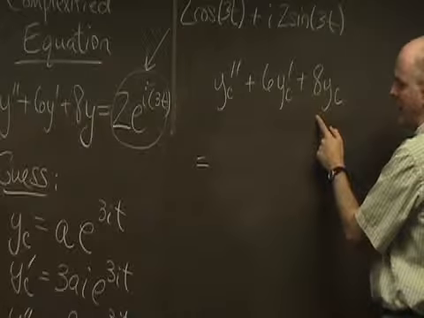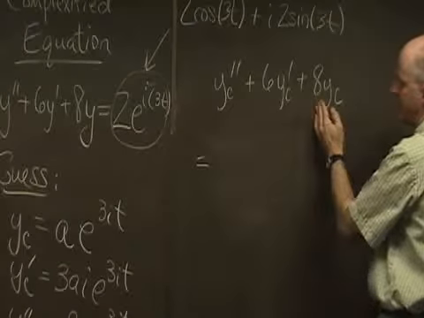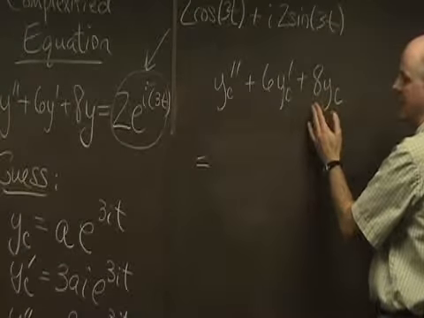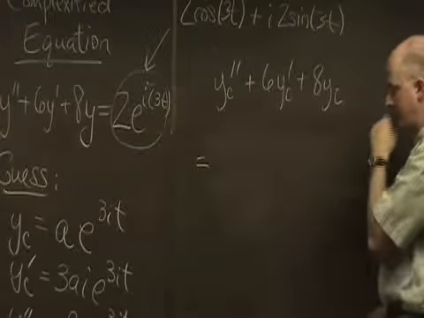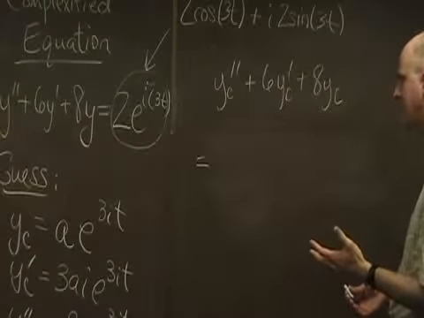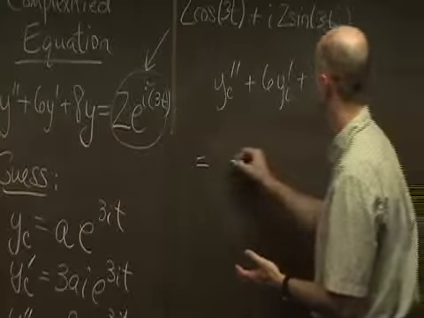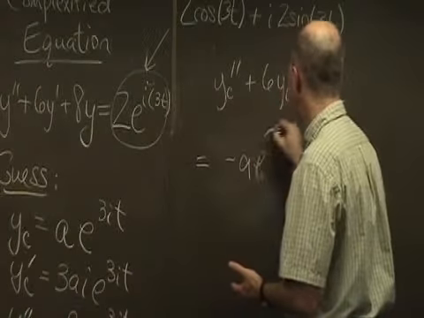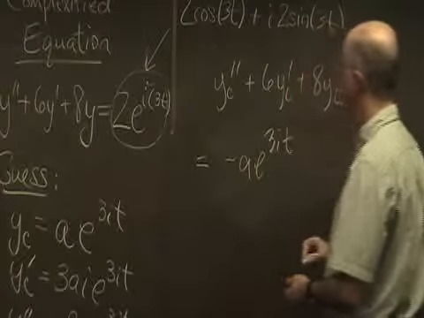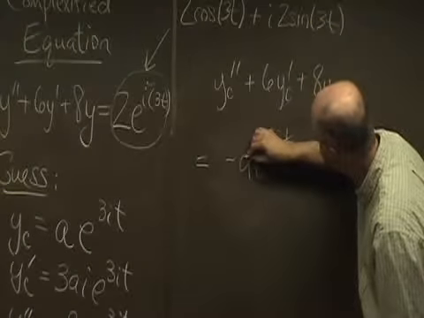The parts that don't involve an i, therefore, are the second derivative and the original function. I'll group those together and simplify. I'll get negative a e to the 3it. This is an a here, not a 9.